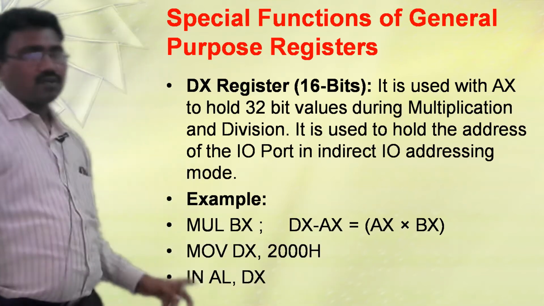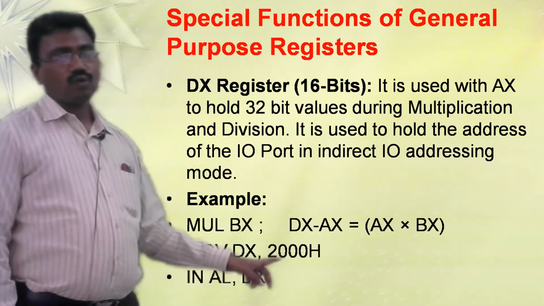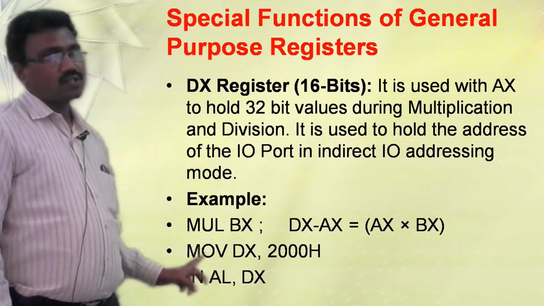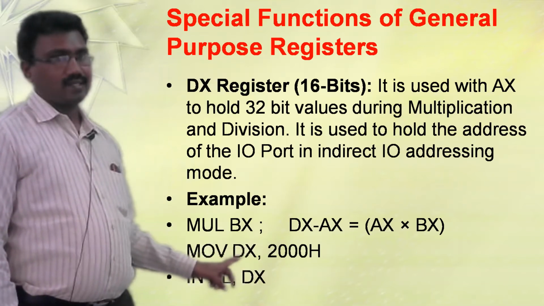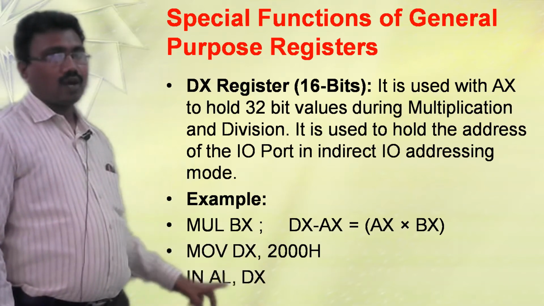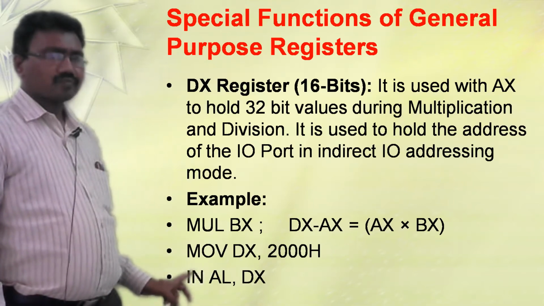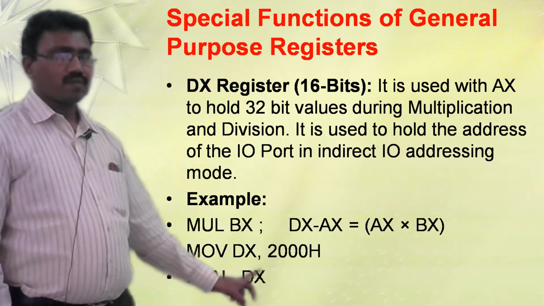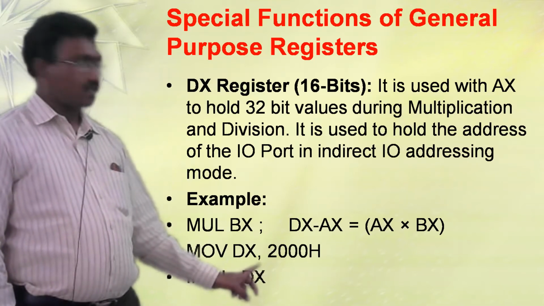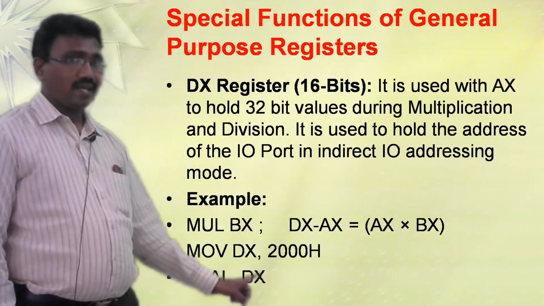Next example: MOV DX, 2000H. What is the meaning of this instruction? What is the function of this instruction? 2000H is copied to the DX register, and then IN AL, DX. What is the IN instruction? It takes input from the specified device, and the device port number is specified in the DX register.